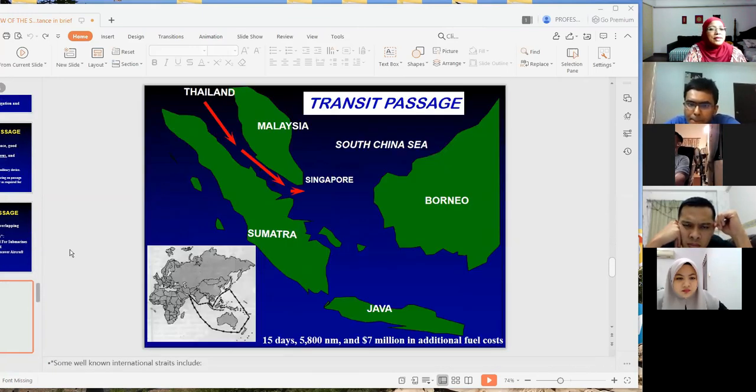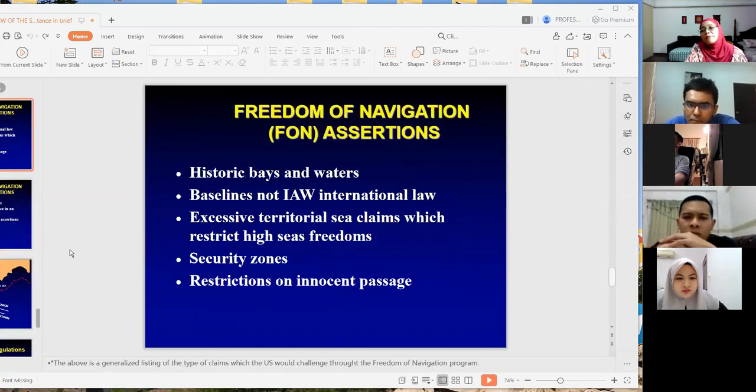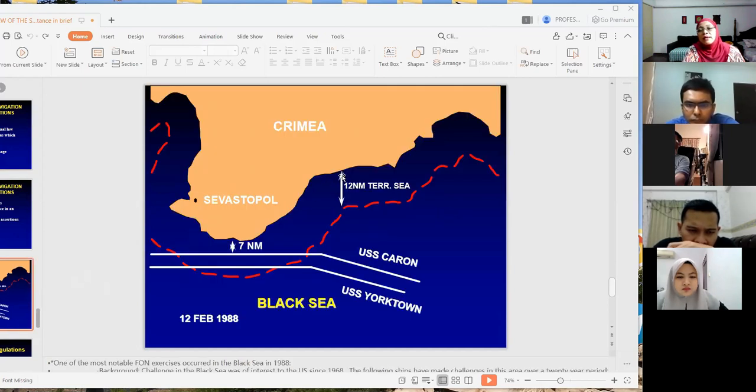Right? What else do you accept? This is freedom of navigation, right? When you learn about territorial sea, foreign ships have the freedom to navigate in your local water, tapi based on certain rulings. In the 12 nautical miles, the ship cannot come in unless it is like Straits of Malacca.